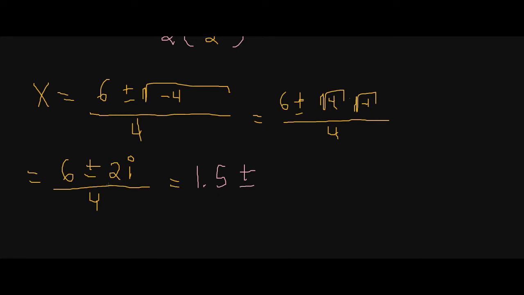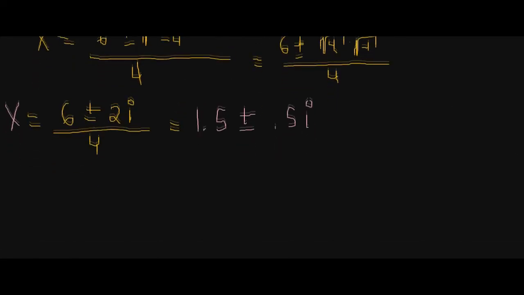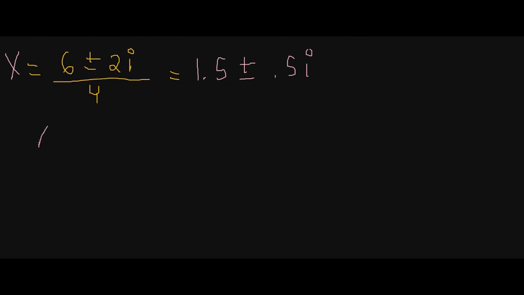So 2 divided by 4 is actually 0.5, and we get the i here. So this should be x. Now let's write our two solutions. We're going to get x is equal to 1.5 plus 0.5i, and we're going to get x is equal to 1.5 minus 0.5i.